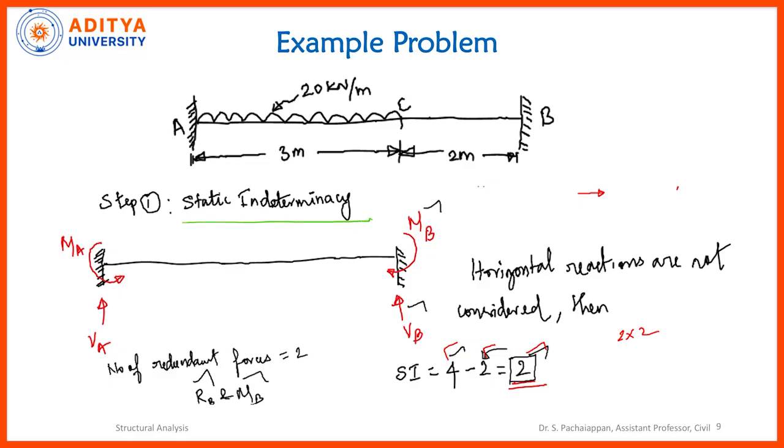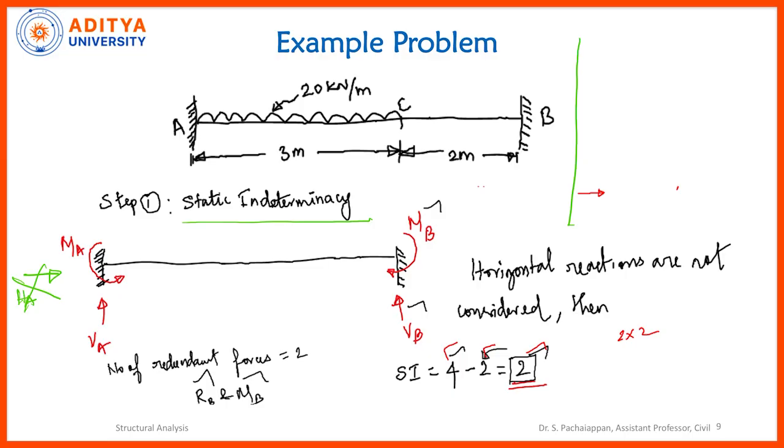As you know, the fixed beam is going to have 3 forces at each support: one horizontal, another vertical, and then moment. But here you can see I never considered the value HA. The reason is that we consider the beams to be axially rigid, and then we are not much worried about the horizontal forces in the beam.